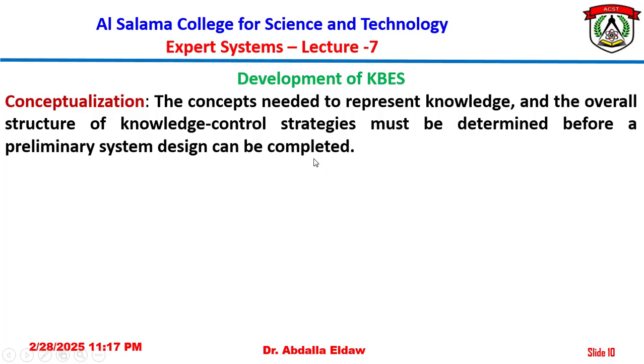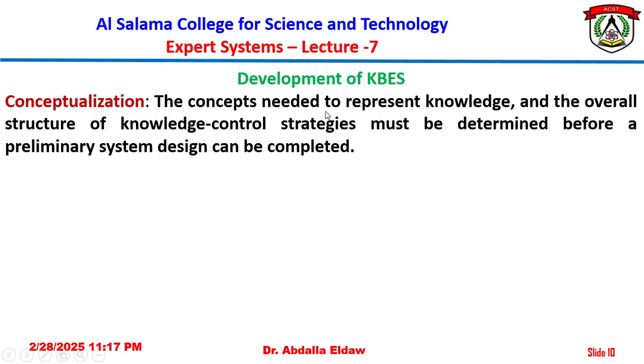Like the system development cycle, which starts by planning and then analysis and then design and then implementation and then testing. Here we want to construct a software or knowledge-based expert system, which at the end is software. We must define the main concepts of this system.